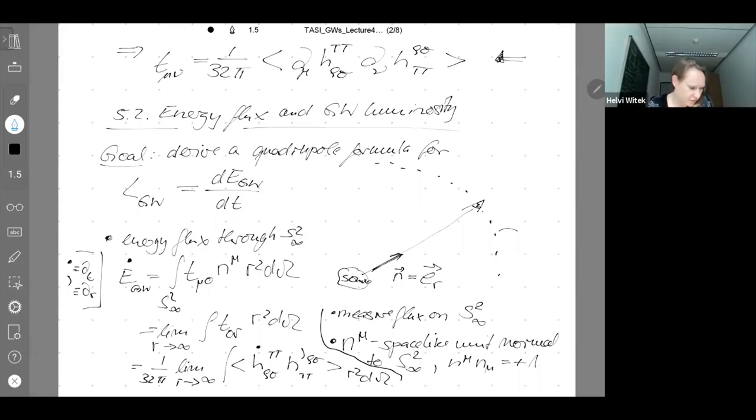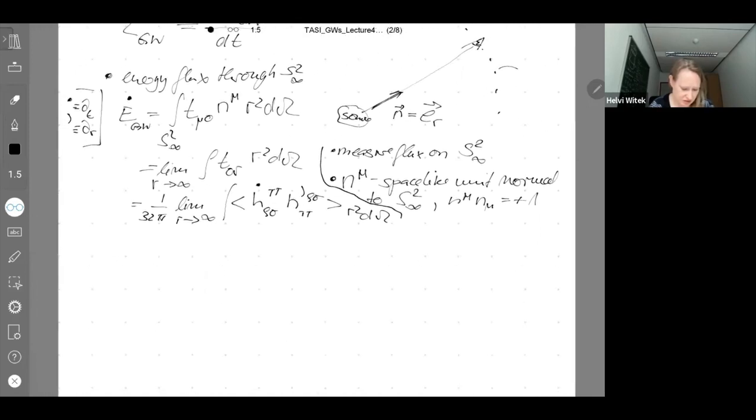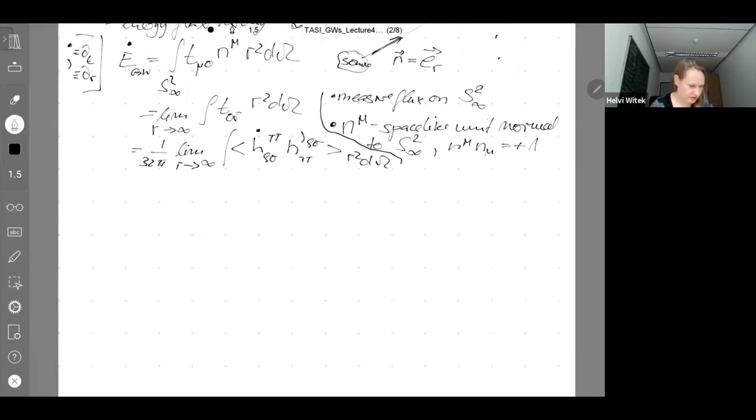Again, I will not go through many of the details, but just some of the key concepts that I think you need to know. In particular, the strategy is to use the quadrupole formula.